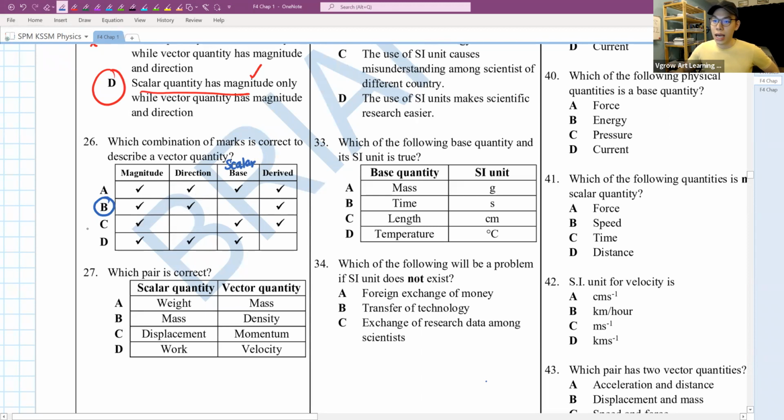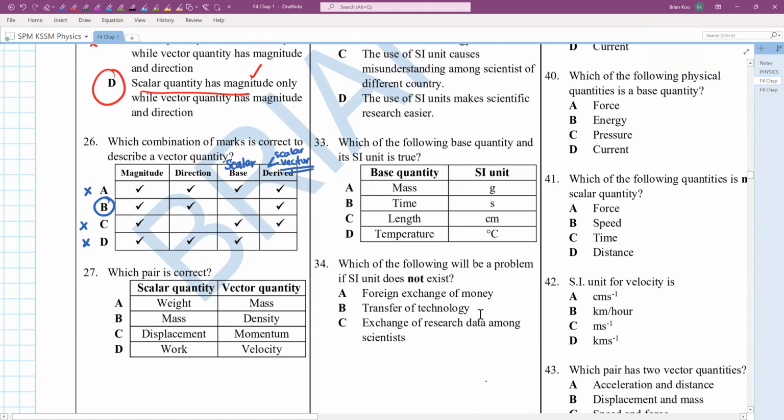That means C is out. And since base is all scalar, A also out, B also out. So although not all derived quantities are vector, this is the best answer for B. Derived can be scalar or vector. This is not a super good question because some derived quantities are scalar also, and we pick the best answer.